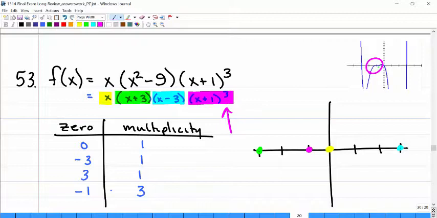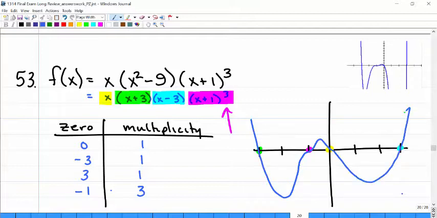It didn't just cross it, it came up looking like an x cubed. So anyway, I graphed it: let's go down and then back up, but kind of flatten out a little bit, and then cross, and then go back up. That is a very rough sketch of that polynomial.